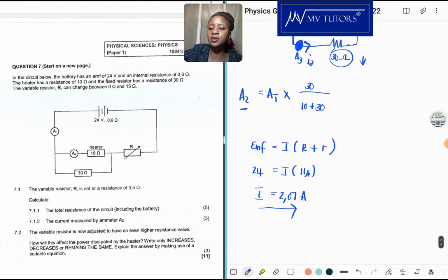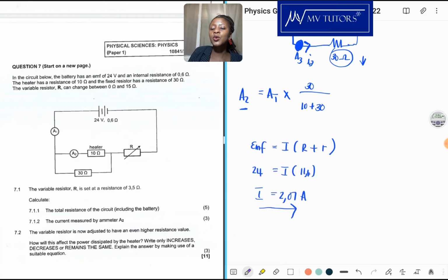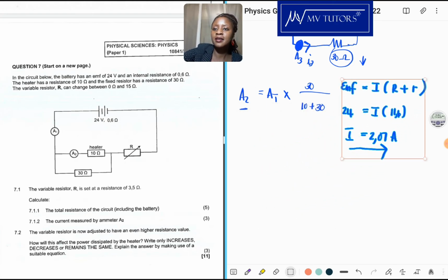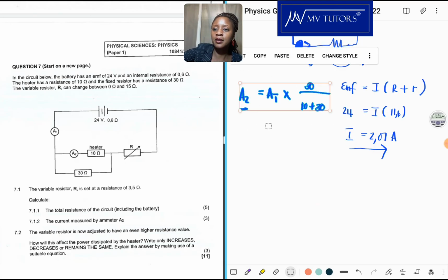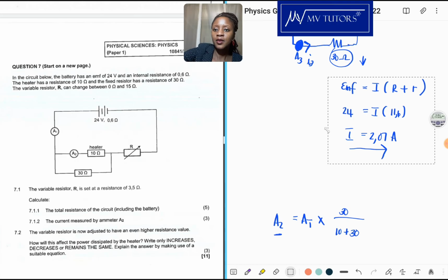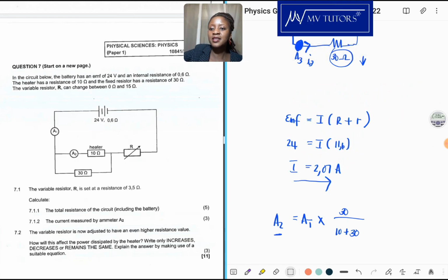Now getting back to this formula, let's just use a different colored pen. This is our formula here to get what the total current is. And now we're going to take this formula down. Yeah, this is where you start.